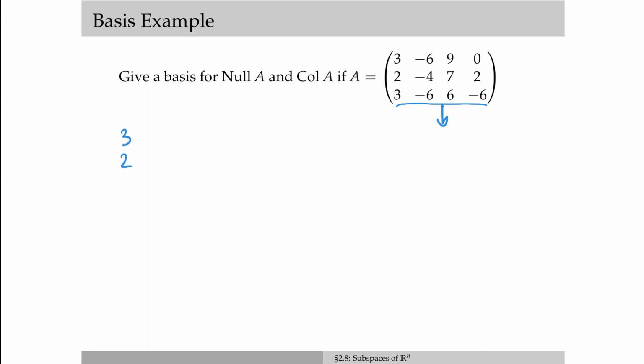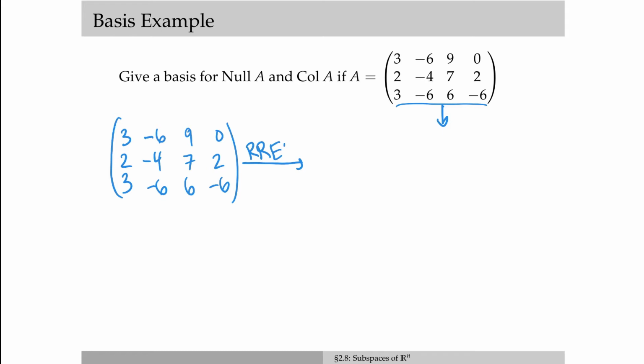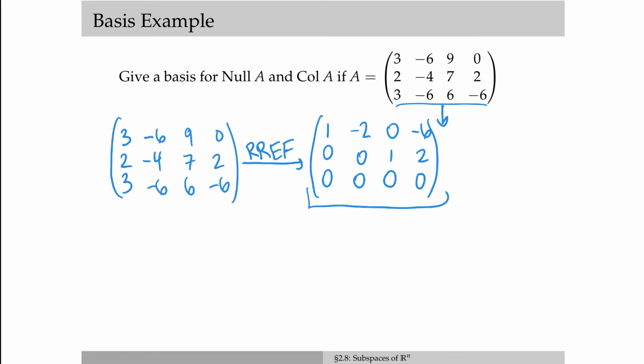So 3, 2, 3, -6, 4, -4, -6, 9, 7, 6, 0, 2, -6. The reason I'm jumping straight to the RREF will hopefully be made clear once I get there and do my explanation. All right, so what we have here is this particular matrix.